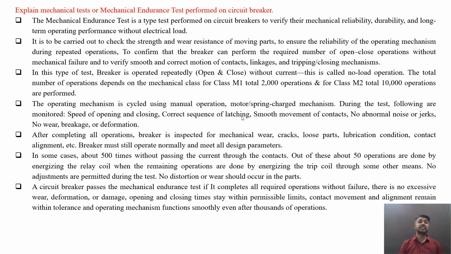So these are some cross checks of the design of the circuit breaker. The mechanical endurance test, that is the basic type test, is very important for checking the circuit breaker design reliability, and also checks its wear and tear and its smooth operation in all conditions.